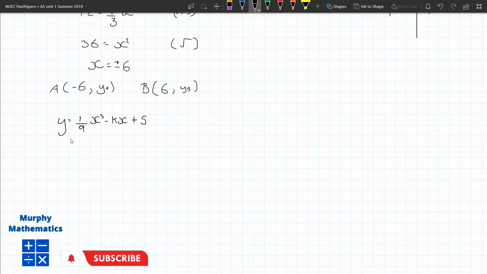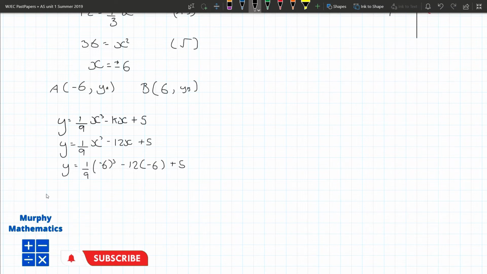So my y values, I missed a bracket there. So y equals, I'll write it again with my k as 12, so y equals 1/9 x cubed minus 12x plus 5. So y equals 1/9 minus 6 cubed minus 12, lots of minus 6 plus 5.